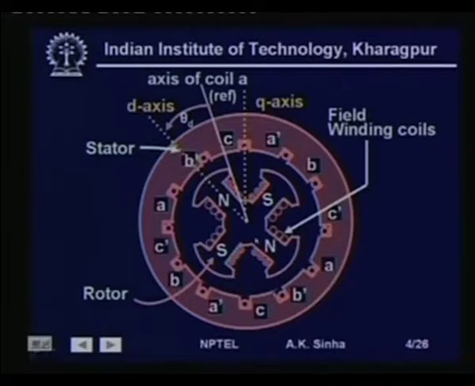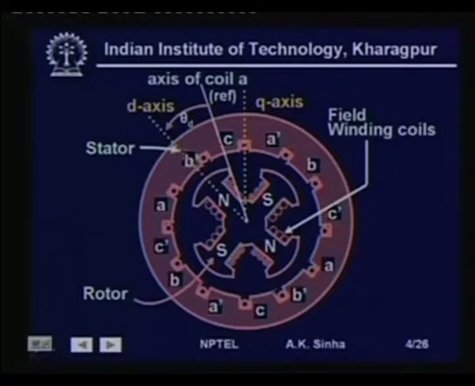Now, since there are 4 poles, we also have the coils according to that. We have coils A dash A for phase A, then we have B dash B for phase B, which is lagging phase A by 120 degrees, then we have C dash C, which is lagging this by 120 degrees.